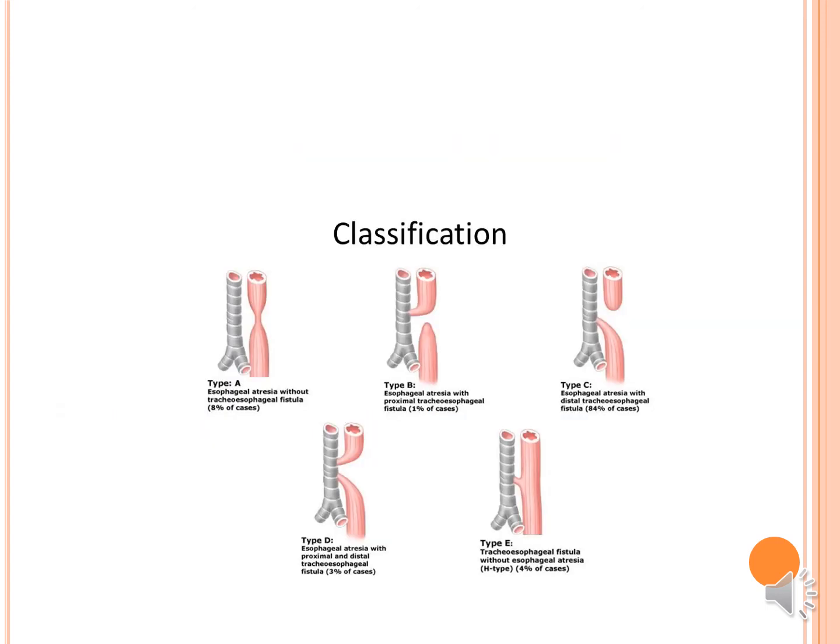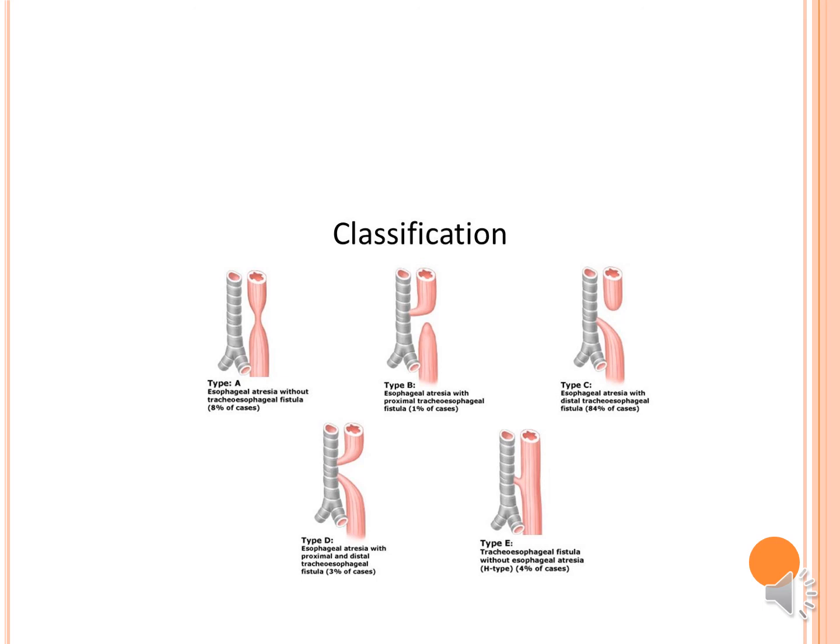This is the classification of esophageal fistula. There is type A, here the esophageal atresia without tracheoesophageal fistula. There is no fistula. Type B, what we see is there is esophageal atresia with the proximal tracheoesophageal fistula. This is the fistula which is seen.